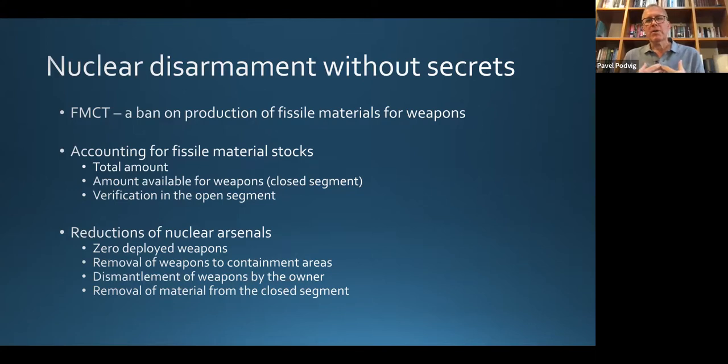So you first remove them from delivery systems, then you move them into containment areas, you establish that perimeter, you have the owner declare how much material is there, and then you let the owner dismantle those weapons there without any monitoring, any control, but the owner would have to produce and show you the material.